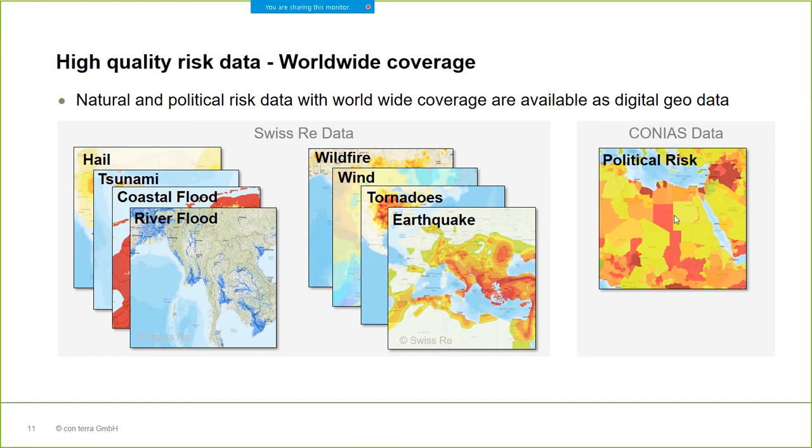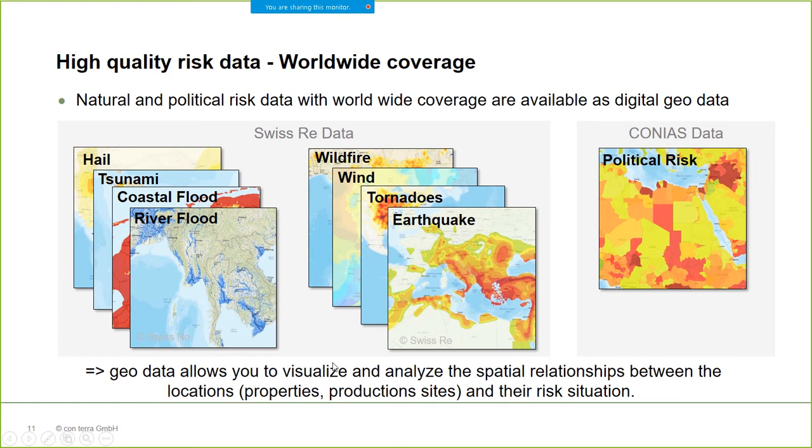They observe in an ongoing process the political development and the changes worldwide, and then condense risk maps out of that. So this geodata allows us to visualize and to analyze the spatial relationships between the locations on the one hand, so my properties or my production sites, and their risk situation in the risk maps on the other side.